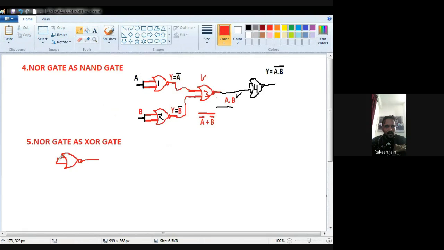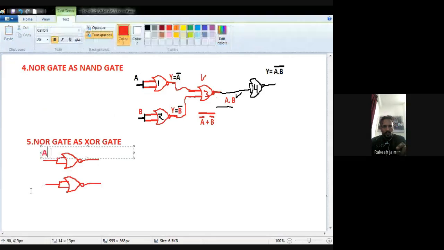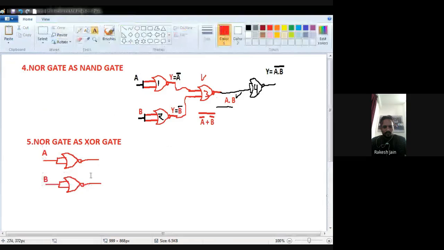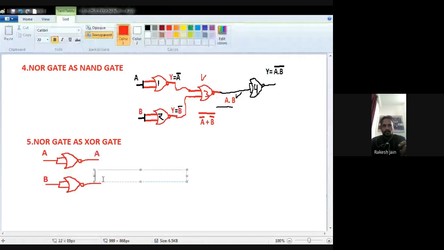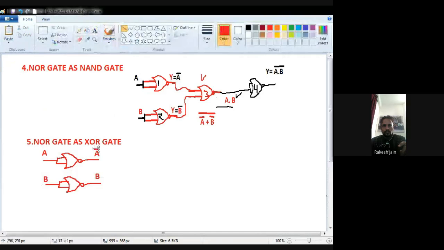First of all, this is a NOR gate behaving as a NOT gate, and one more NOR gate behaving as a NOT gate. So if the input is A here, the output will be A bar and B bar.